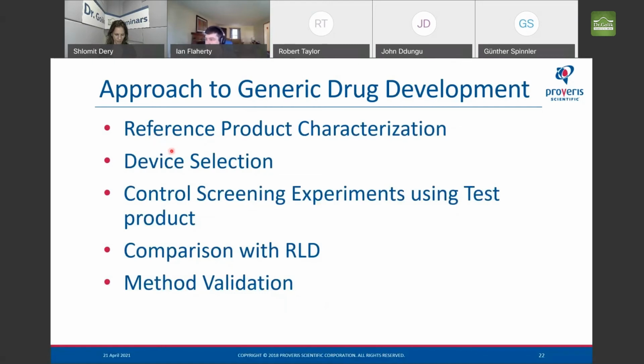It gives a full picture of how the reference product operates. Then you move into device selection and start control screening experiments, comparing your test product to the reference at varying parameters. And then ultimately you end up with method validation.